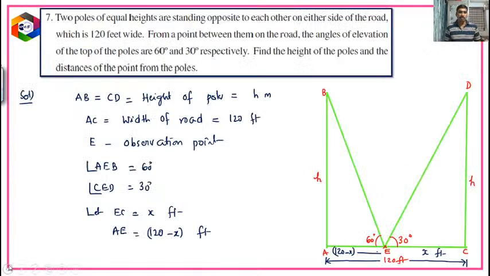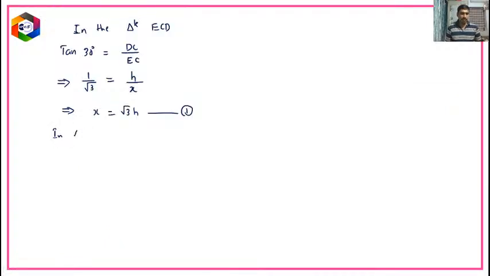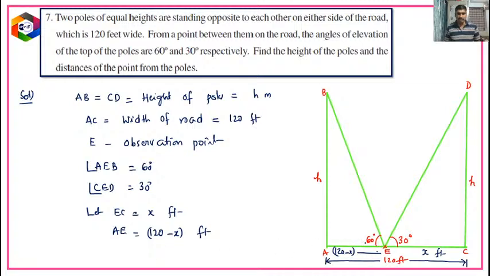So we have a relation between x and h. Now move to the other triangle, children. Here is the other triangle, whose angle of elevation is 60. Now with respect to 60, we have to calculate the opposite side h and the adjacent side also, but we have a relation between these two. So again make use of tan. In triangle BAE, tan 60 degrees will be equal to, with respect to 60, opposite is BA and adjacent is AE.